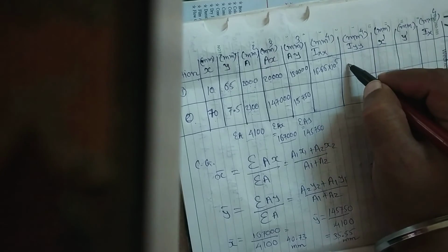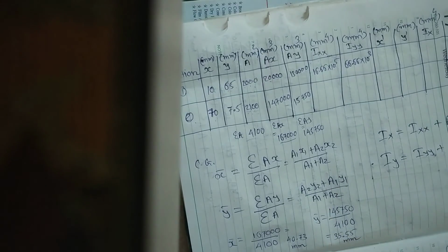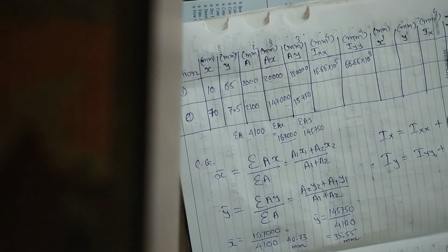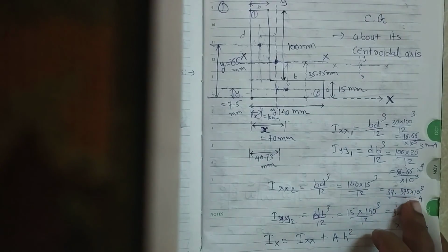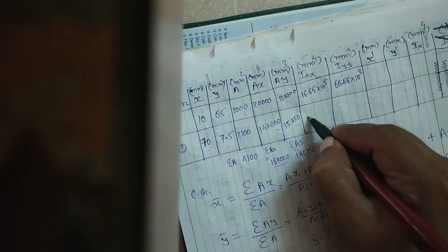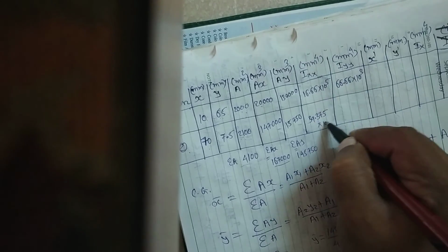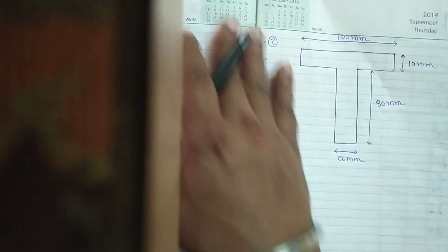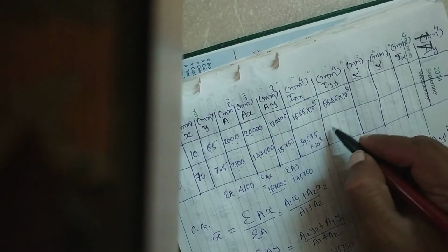Similarly, Ixx and Iyy of section 2 are calculated as in the previous case: 39.375 into 10 raised to 3, and the other moment of inertia, 3.43 into 10 raised to 6.